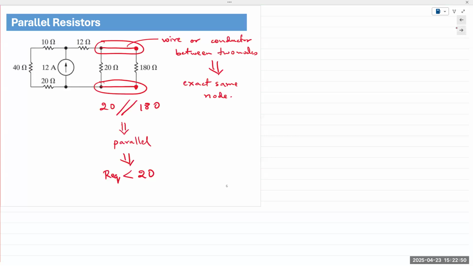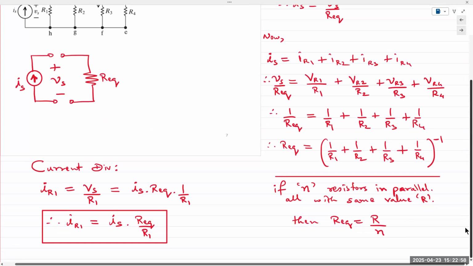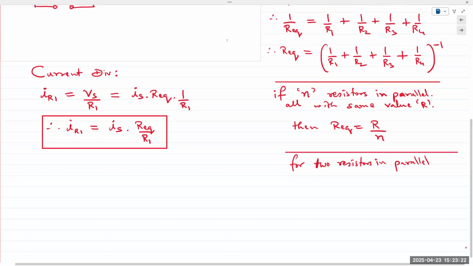All right, so if you have resistors in parallel, you have n resistors in parallel, all with the same value R. Req is R over N. If you have two resistors in parallel, the Req is the product of the two divided by the sum of the two.